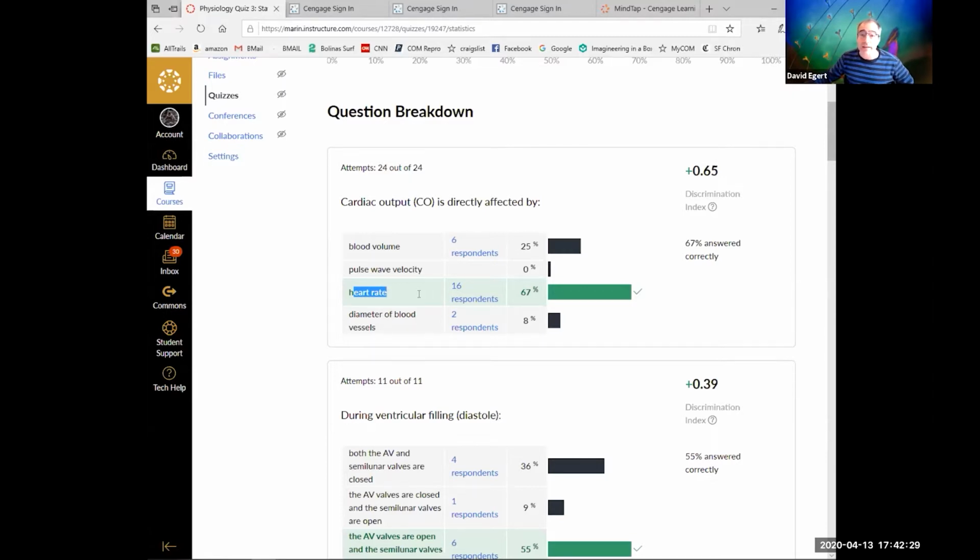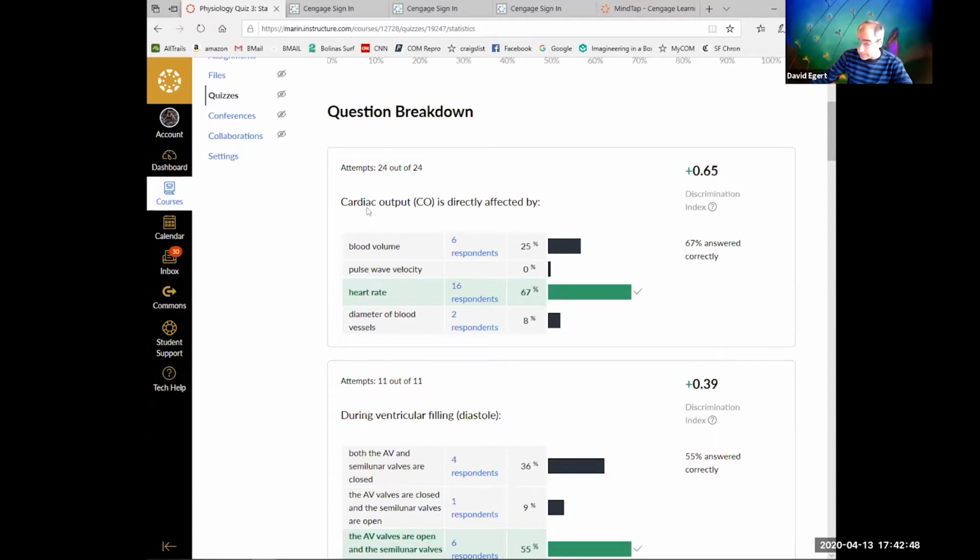It is the stroke volume times the heart rate. Blood volume affects blood pressure, but it's not really directly anything about cardiac output. Pulse wave velocity has nothing to do with it. Diameter of the blood vessels, that does resistance, not cardiac output.